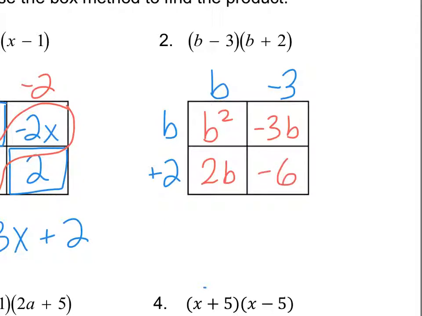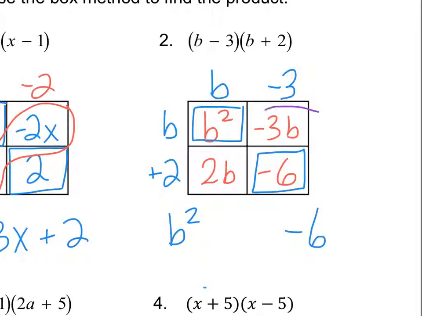Okay, notice the pattern. I got my first term, no like terms with it, and my last term. So let's go ahead and write them. My first term and my last term. And then all I have to do is fill in my peanut pair. So if I look, my diagonal box, always the same place, is my peanut pair. That's my like terms.